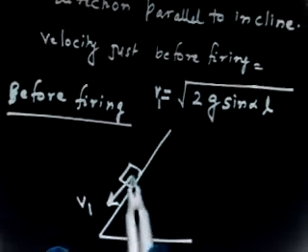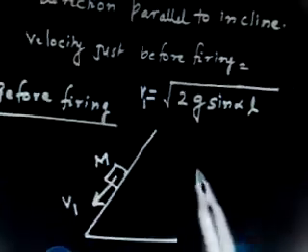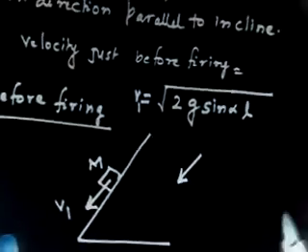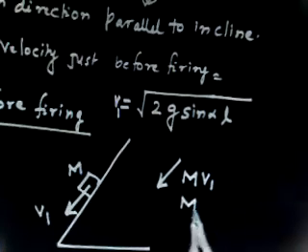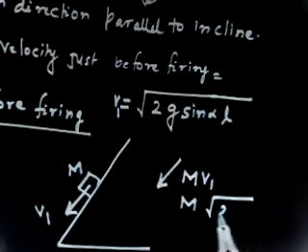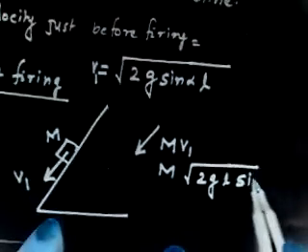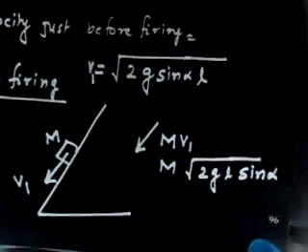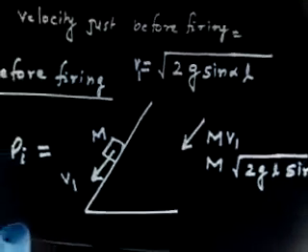So now this will have a momentum in this direction. Total mass is M. So the momentum in the inclined direction will be M v1, and v1 is nothing but under root 2gL sin alpha. So this is the initial momentum you have before the firing, in the inclined direction.